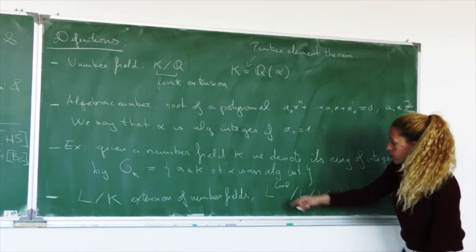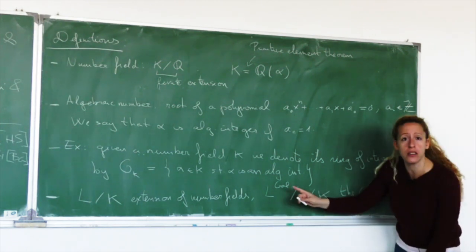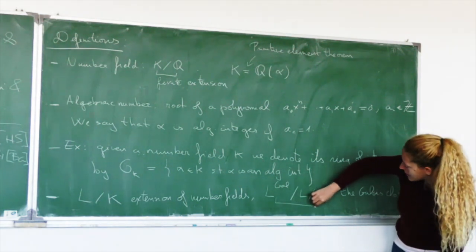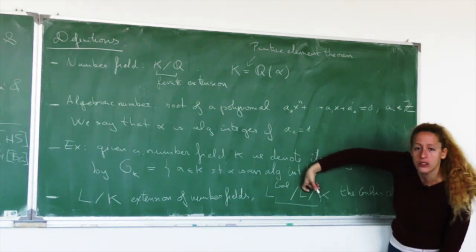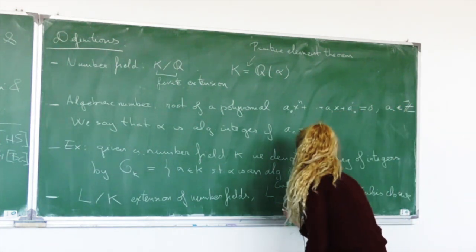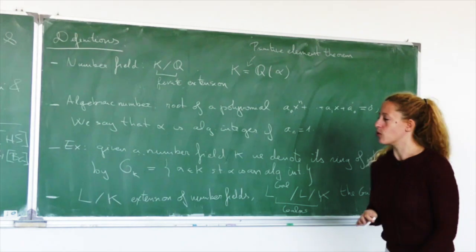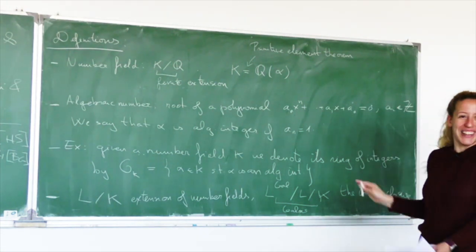What is the Galois closure? Actually, it's the smallest number field that you can find in such a way that this extension is Galois and it contains L, right? I really think that you know about Galois theory, but just to be clear, okay?